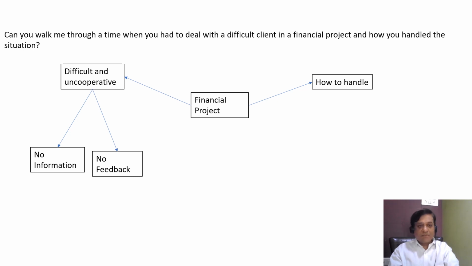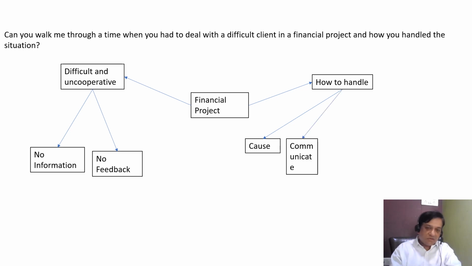The first step is why he's doing that, the cause. Is it my behavior, or is it the behavior of the client that he lacks trust in me, miscommunication, unclear expectations, or is it simply a difficult client or difficult personality?